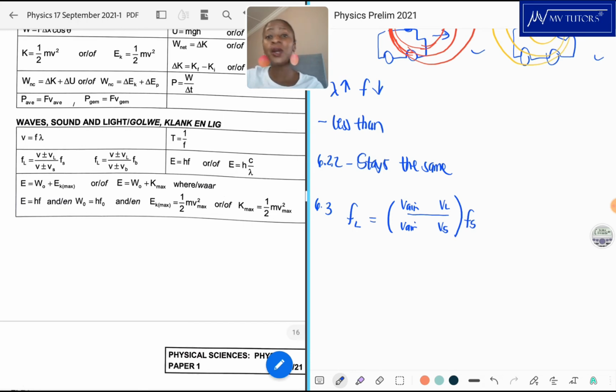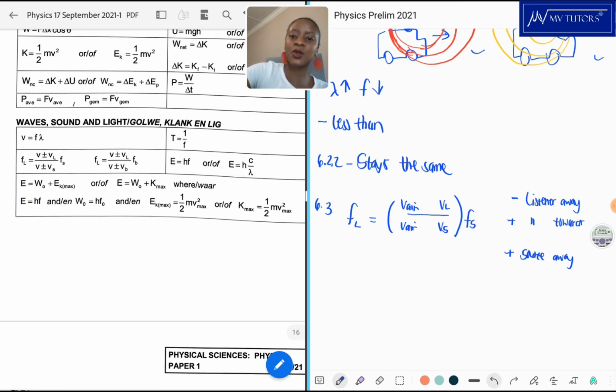So how do you know which one is negative and which one is positive? Well, if the listener is moving away from the source, then it would be a negative. If the listener moves towards the source, then it is a positive. If the source moves away from the listener, it is a positive.